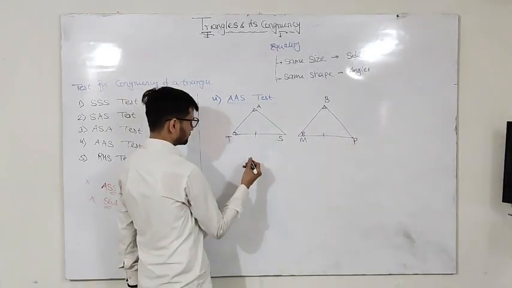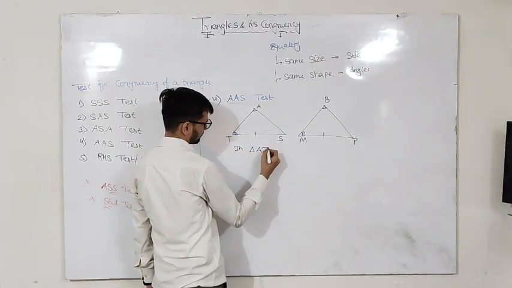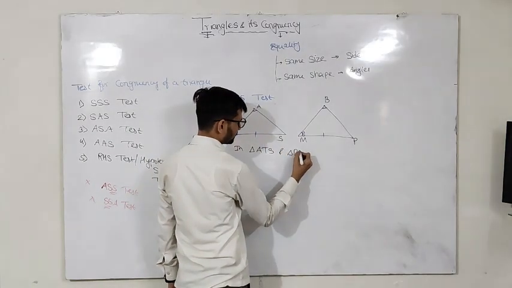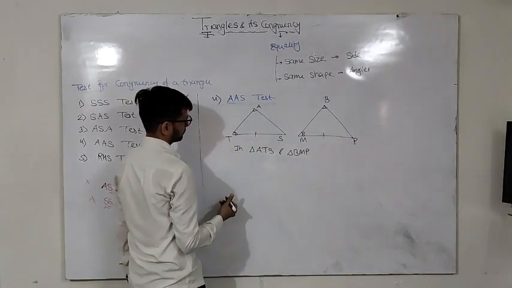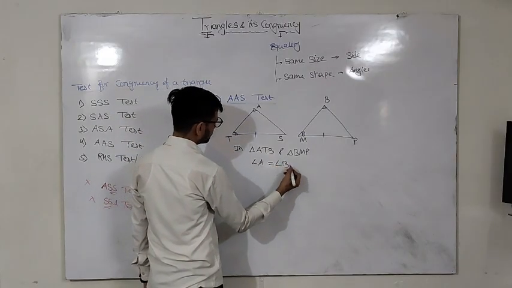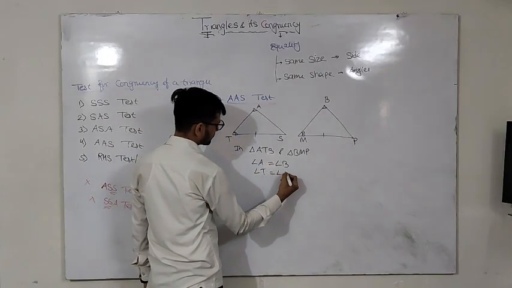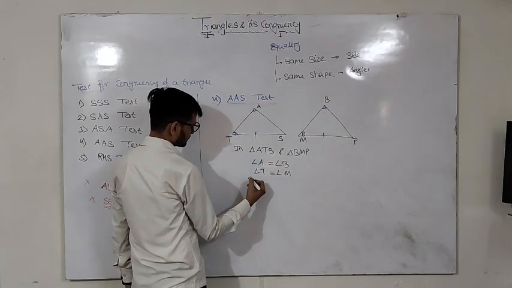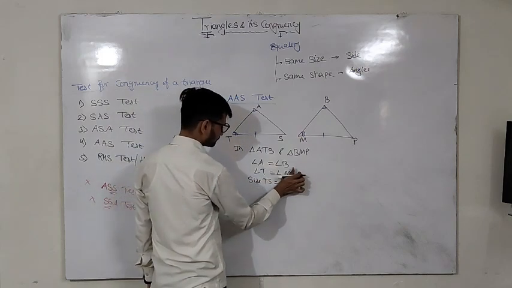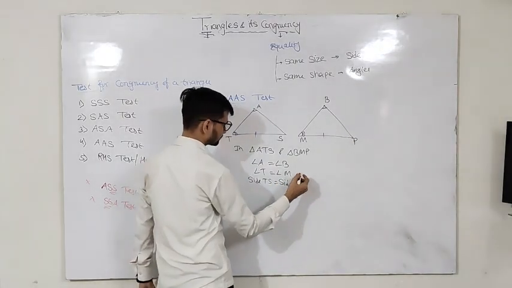Now have a look at the proving part. In triangle ATS and triangle BMP, we are given angle A equals angle B, angle T equals angle M, and side TS equal to side MP.